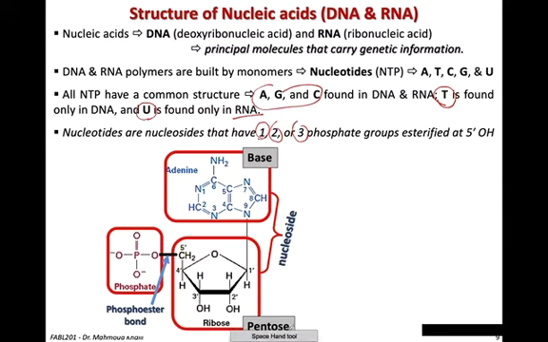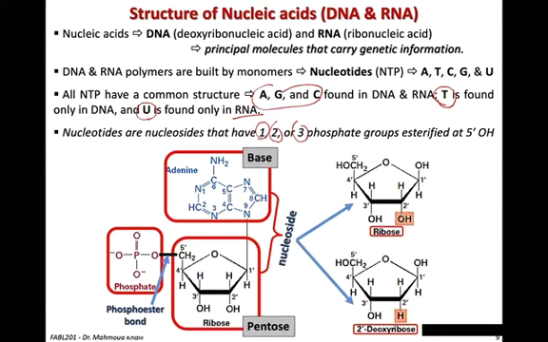This pentose sugar is either ribose, as in RNA, or deoxyribose, as in DNA. You can see the major difference is the presence of the OH at the 2' position, which is lacking in the deoxyribonucleotide. So generally we have 2 types of nucleotides, and the only difference between them is in the pentose sugar.